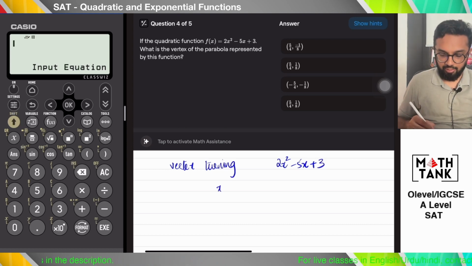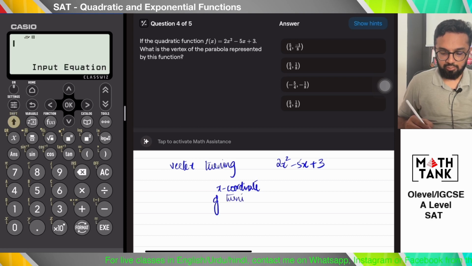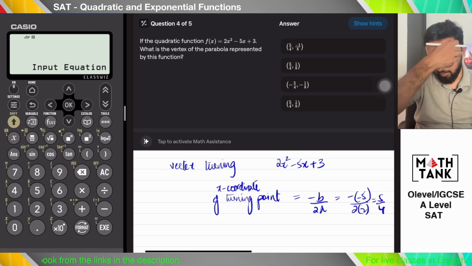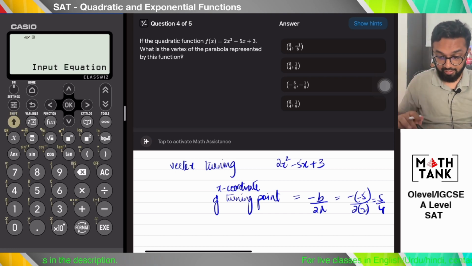The x coordinate of the turning point is minus b over 2a, minus minus 5 over 2 times 2, which is 5 over 4. So the answer could either be a, b, or d.